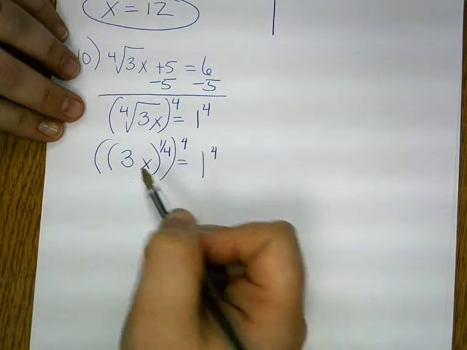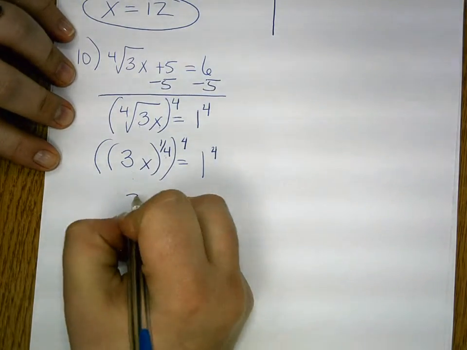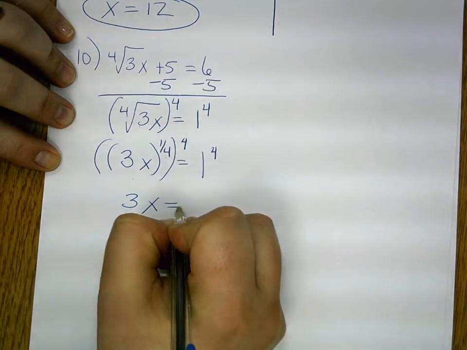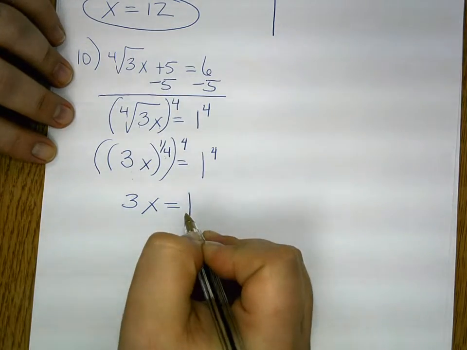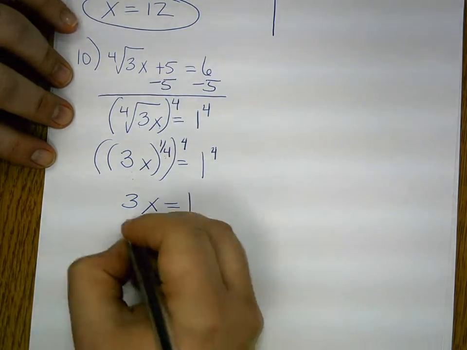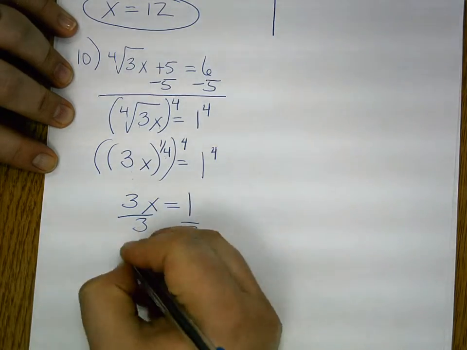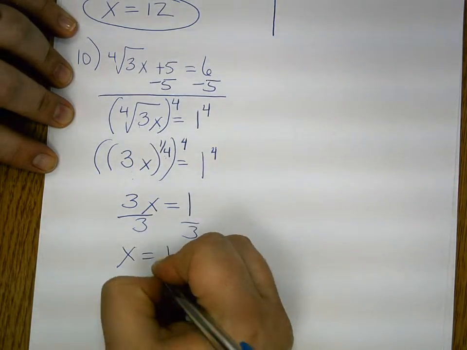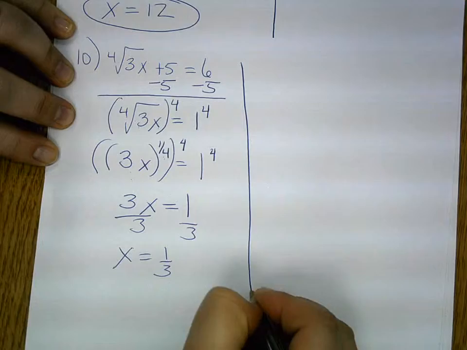Either way, that's going to get you the same result of 3x equals 1, because 1 times 1 times 1 times 1 is 1. Divide both sides by 3, x equals 1/3.